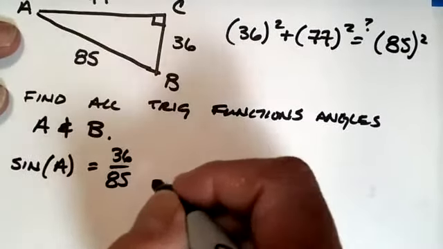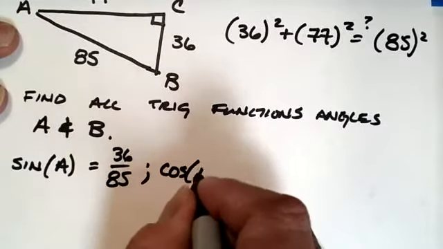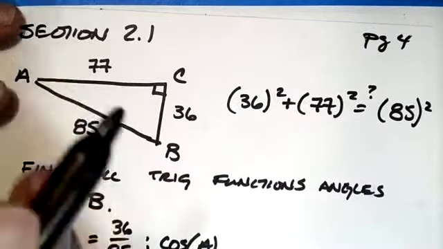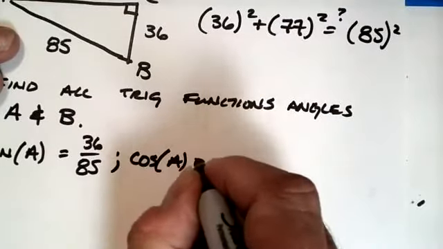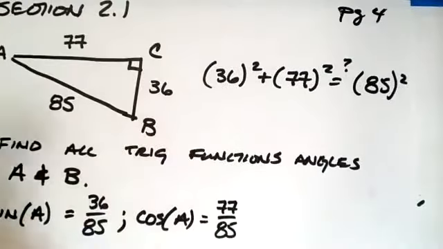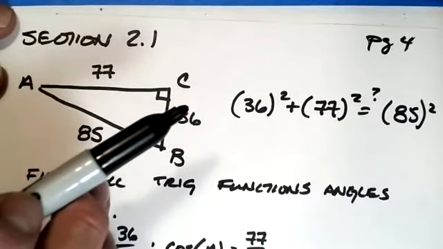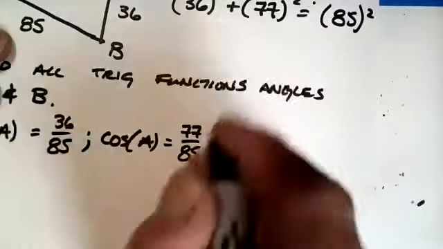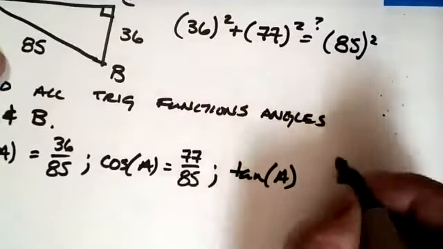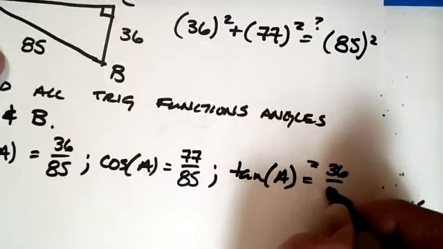What about the cosine of A? Well, notice that the cosine is the adjacent over hypotenuse. So this is 77 over 85. The tangent of A is the opposite over adjacent, so that's 36 over 77.